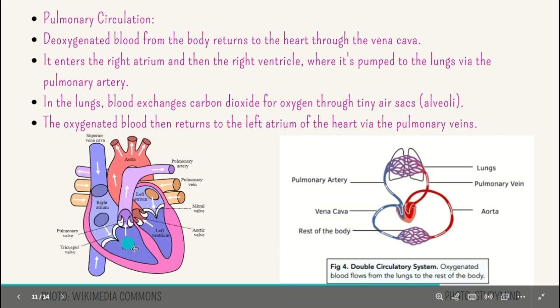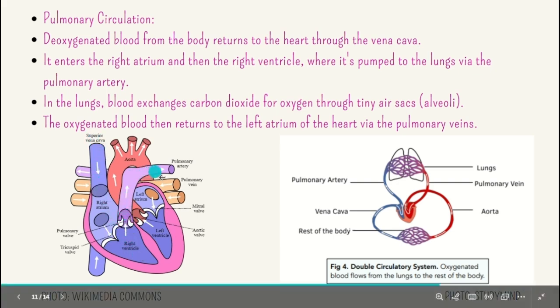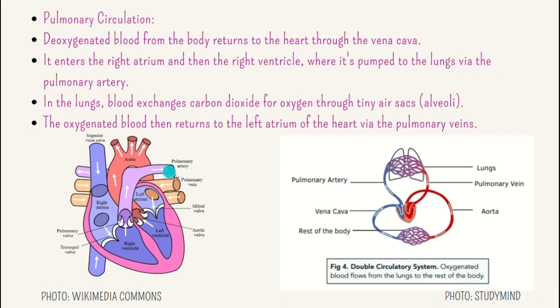So it comes to the right ventricle, where it's pumped to the lungs via the pulmonary artery. As you can see, this is the first lap of the circulation. Blood passes through the heart twice. This is where deoxygenated blood comes in, and then it's pumped to the lungs via the pulmonary artery.